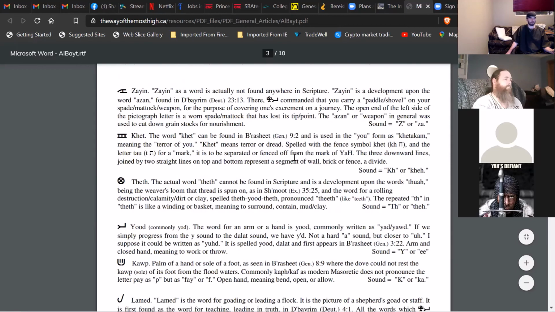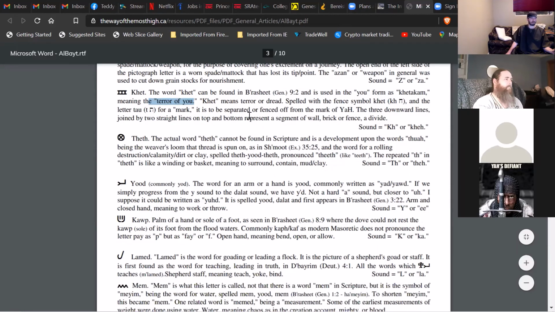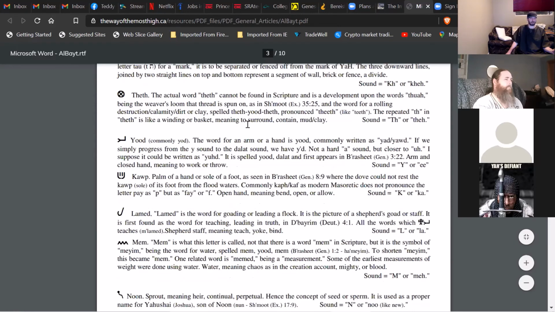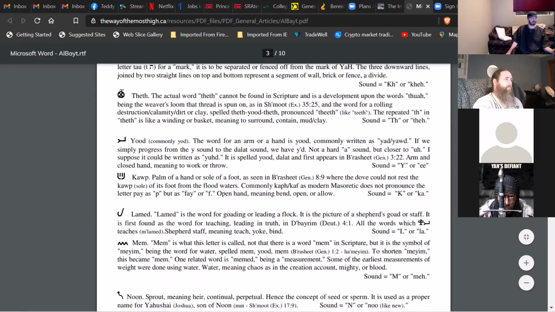And so in my document, I have talked about the fear and terror of you, which again is the takam. Yeah, so that's your fence.